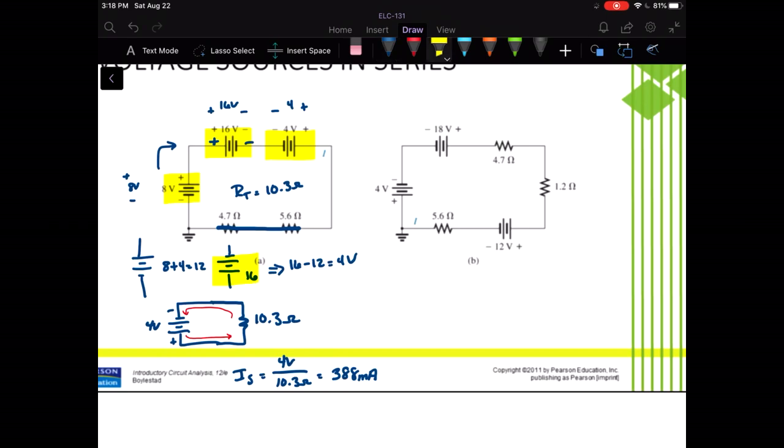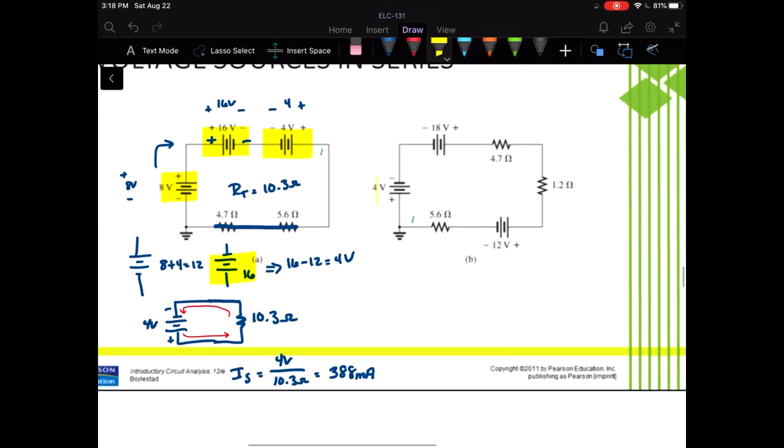Let's look at the second circuit. We've got our 4-volt source here, an 18-volt source here, and a 12 over here. It's okay that they're separated by some resistors. We can slide those around and rearrange them and still not change the current we're supplying to the circuit. So we want to figure out the direction. My 4-volt source is plus to minus, so I'll start with that.